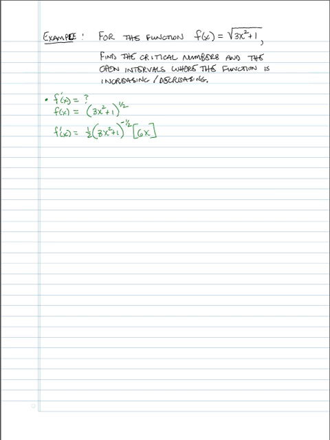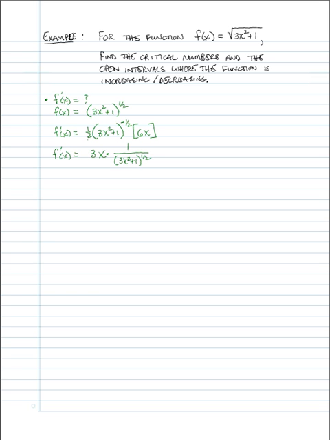Okay, so now we're going to spend some time putting this together and making it look better. Well, we have a 1/2 times a 6, which is a 3, and then times an x, just put that in front, but this negative exponent means it's 1 over 3x squared plus 1 to the positive 1/2 power.